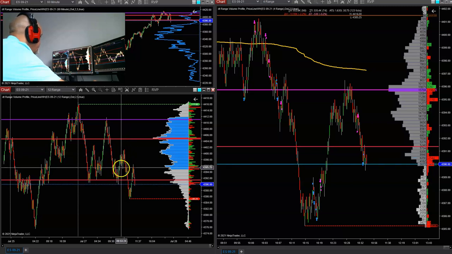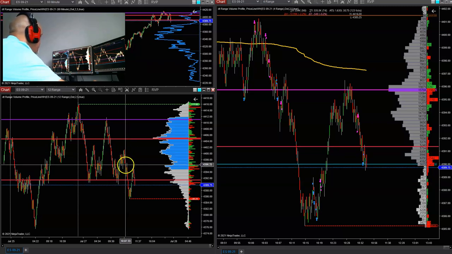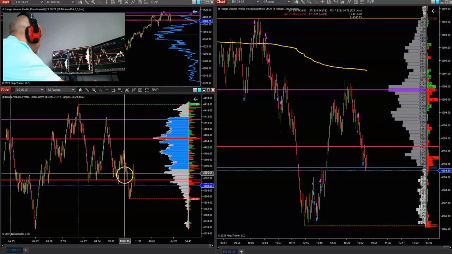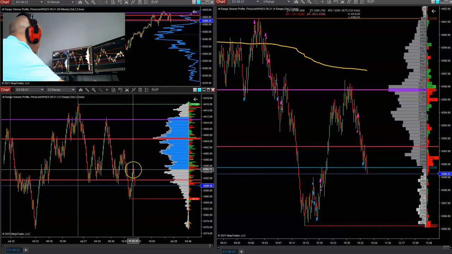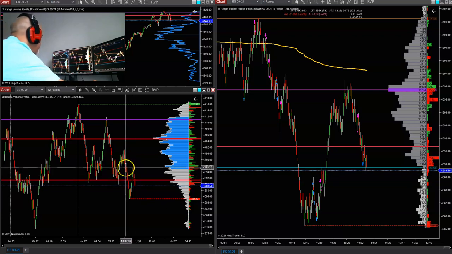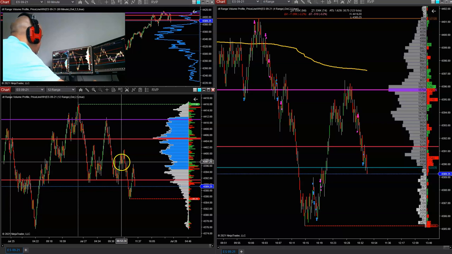Then it pushed lower, taking out the swing that it formed to the upside, and that happened on this candle at 43.96. So when price pulled back, pushed further lower, pulled back, it was looking for probably an area of resistance to halt, and it did at this candle right here.